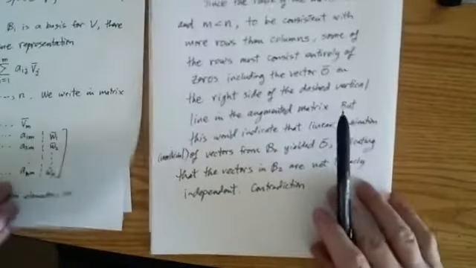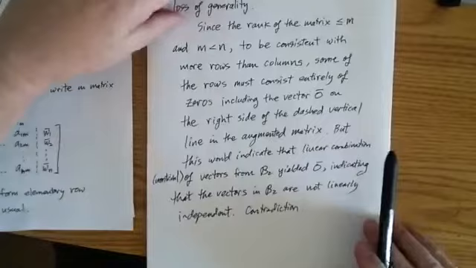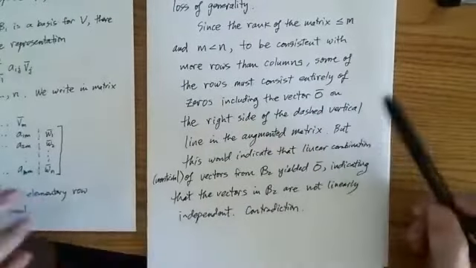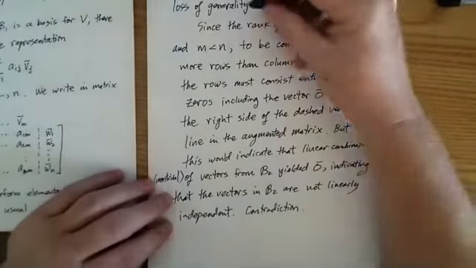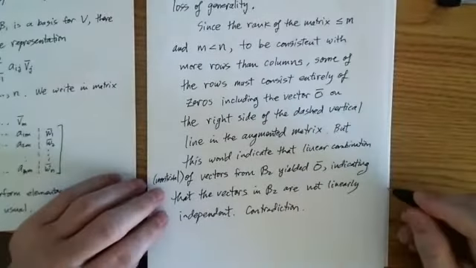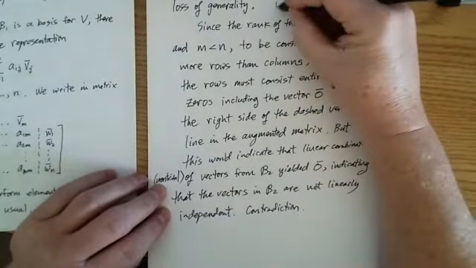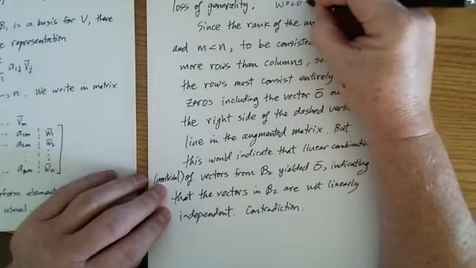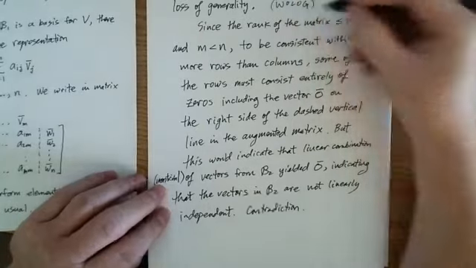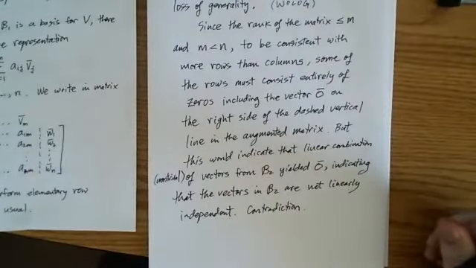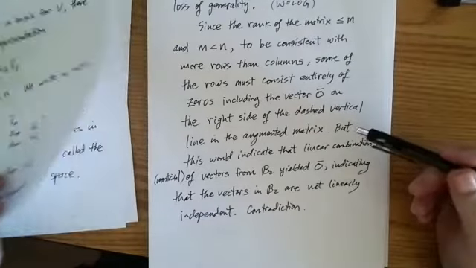Now, the way I've set this up, I've assumed that m is less than n without loss of generality. As you move on in your mathematical career, you will see "WLOG," without loss of generality. I don't have to create two arguments here, and I'm going to show you why.